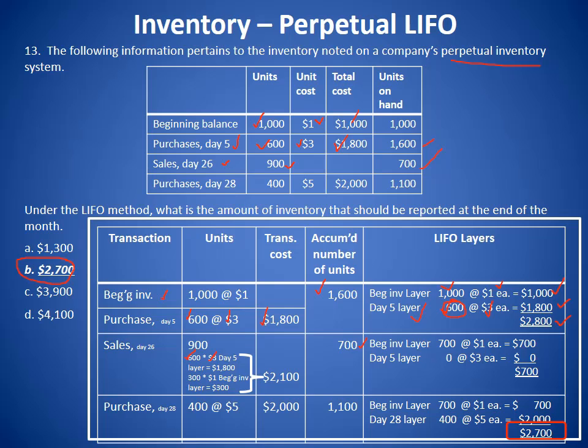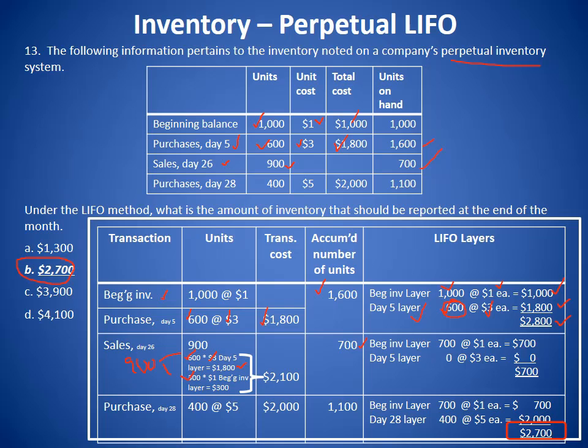That means the total cost for those day 5 units is $1,800. However, I sold 900 units and I'm only able to liquidate 600 units from my day 5 layer. That means I need to go into the next most recent layer, which is my beginning inventory layer, and pull out 300 more units. So I'm going to have 600 units and 300. That's going to equal my total sale in this case of 900.